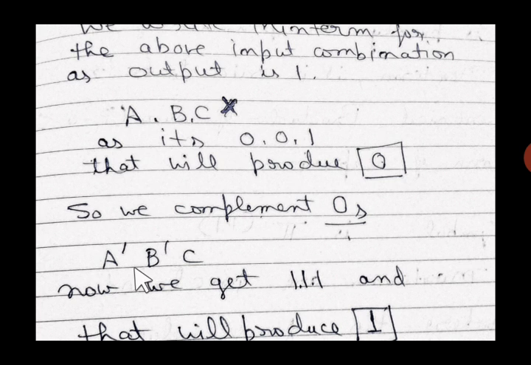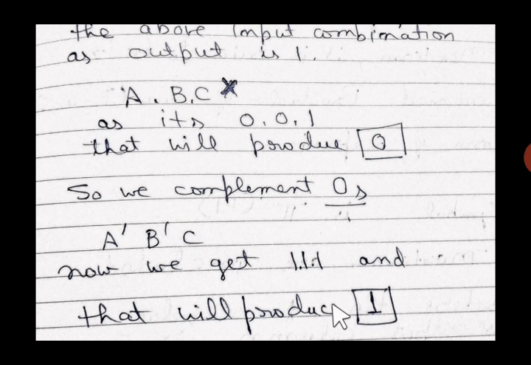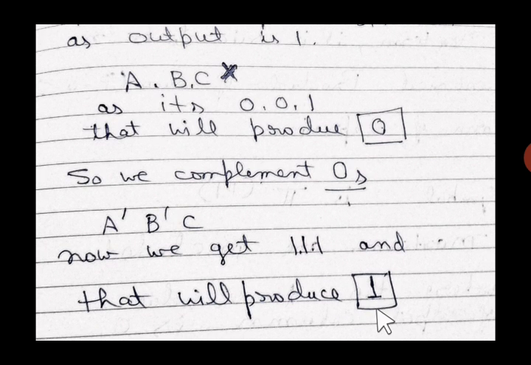Why? Because A dash dot B dash dot C. The dot is not visible, but even then it is taken as an AND operation or a product. So now we get 1, 1, 1, and that will produce the output 1, because a product produces the output 1 only and only when all the inputs are 1 or true.